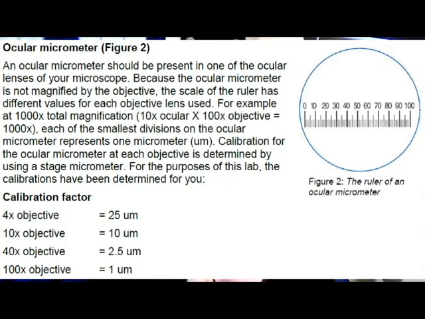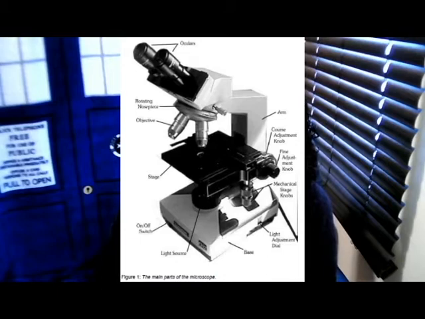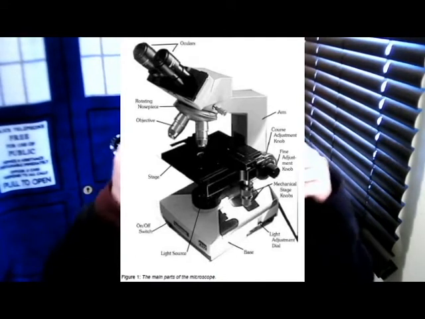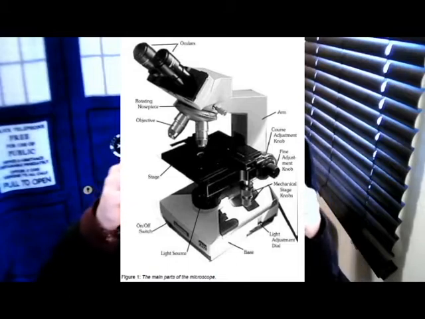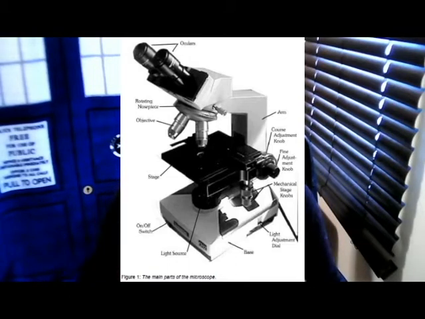The way that we use this is that you have your microscope, and if you look on page 15, there's an image of the microscope, and then you have your oculars, which are the little eyepieces that you look through.